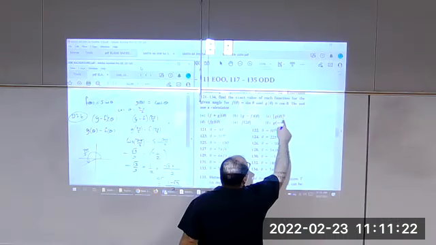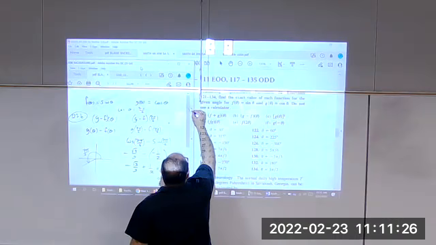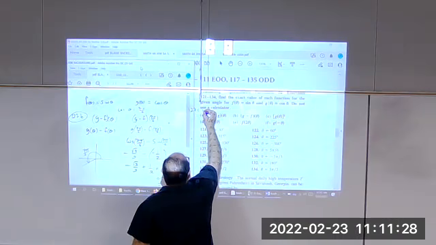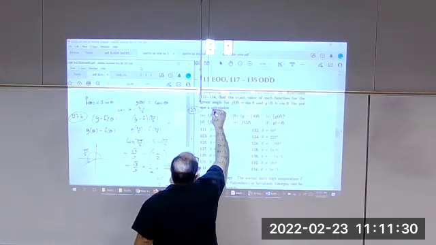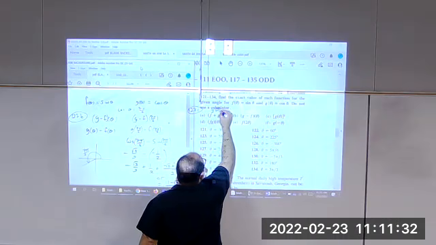Now, C: G of theta equals theta squared. Or G of theta whole squared.